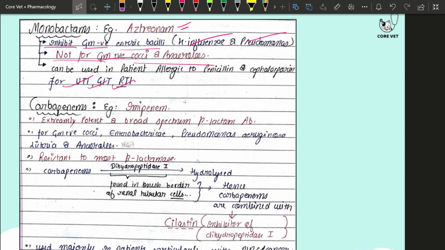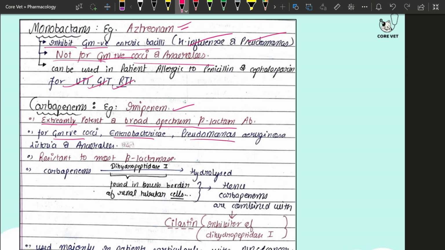We talk about the carbapenems. The example of the carbapenems is imipenem, right? These are extremely potent and have a broad spectrum of beta-lactam activity. These are for gram-positive cocci, Enterobacteriaceae, meaning E. coli, Klebsiella, Proteus and all.